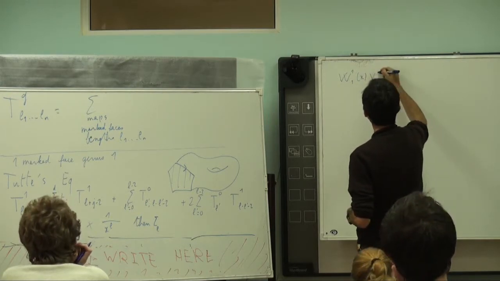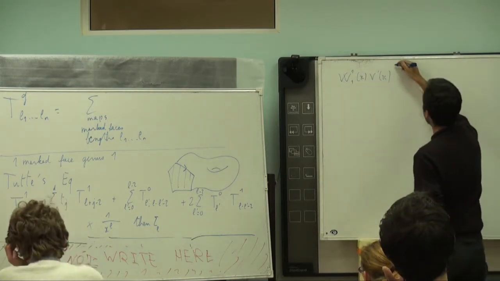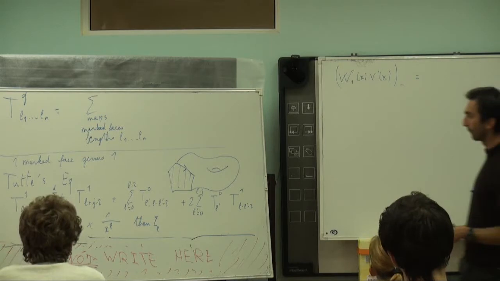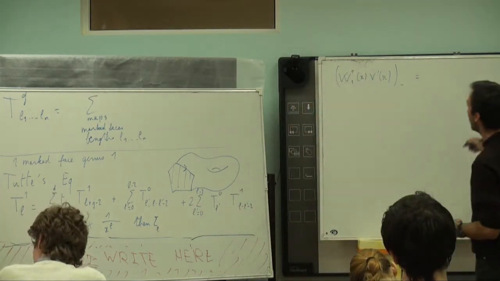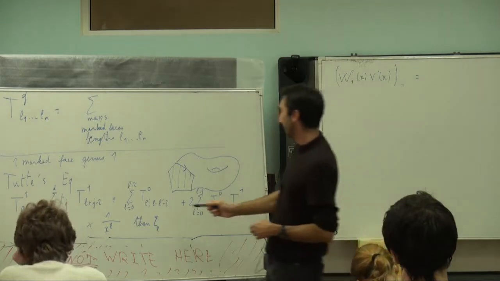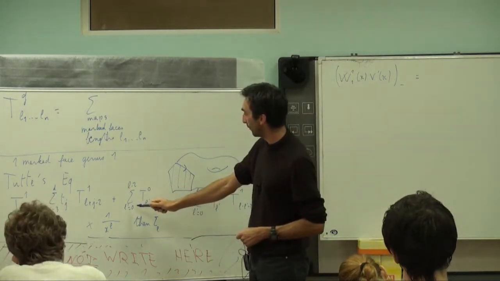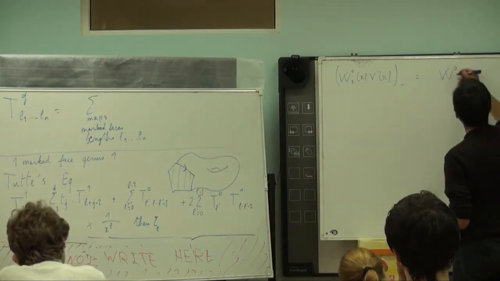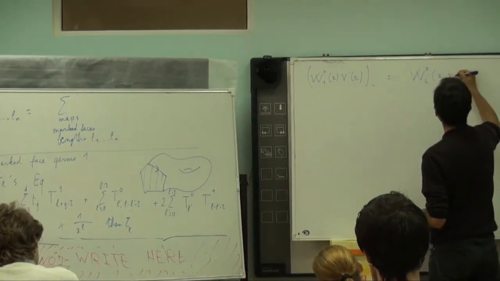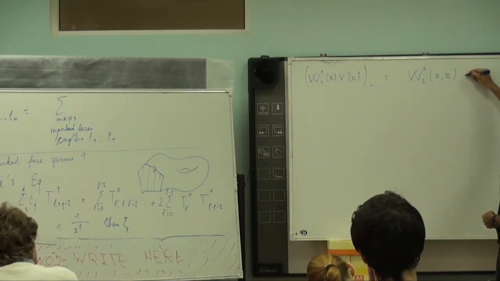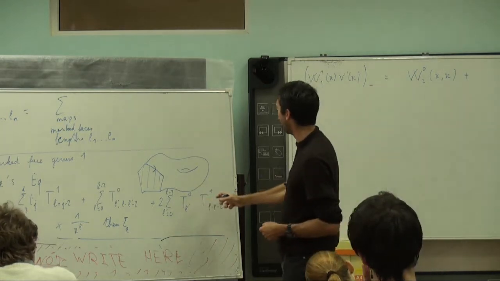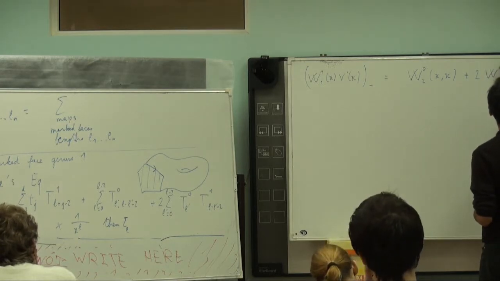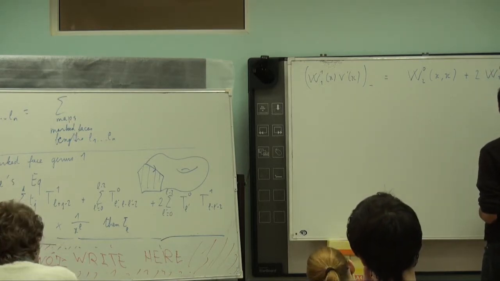So V'(x) W_1^1(x), and again, as usual, we have to take the negative part to take into account the terms which don't appear in the sum, equals the function W_2^0(x) plus 2 W_1^0(x) W_1^1(x).